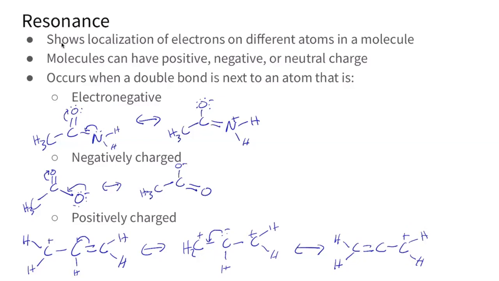Now, another way that you might see the resonance for this particular example drawn is like this. You might see, instead of this middle resonance structure being shown, the double bond going directly from this double bond to this single bond.